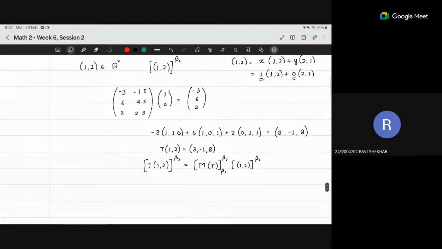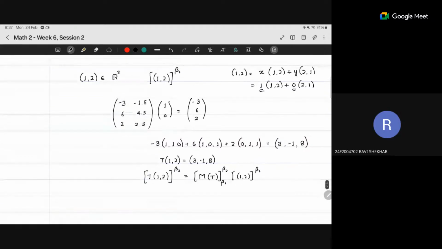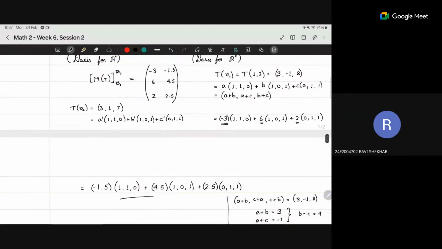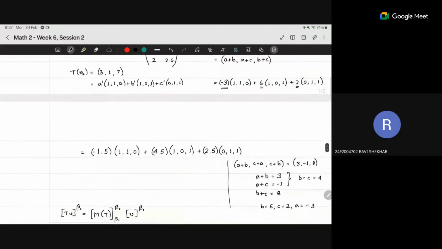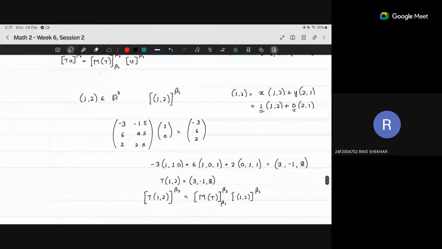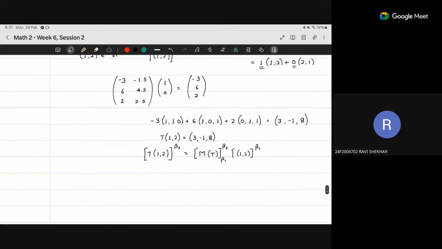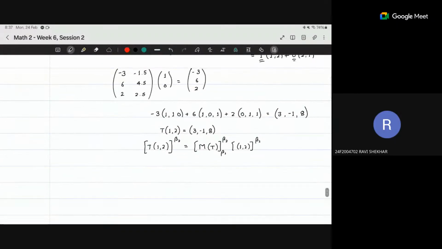So when you multiply this matrix with 0, 1 instead of 1, 0, you'll get the second column. And the second column is minus 1.5, 4.5, 2.5. And here you already know that that is actually the coordinate vector of T of V2 in beta 2. I'm going a little fast over here, but I have to, because this is something that you can verify with problems later.